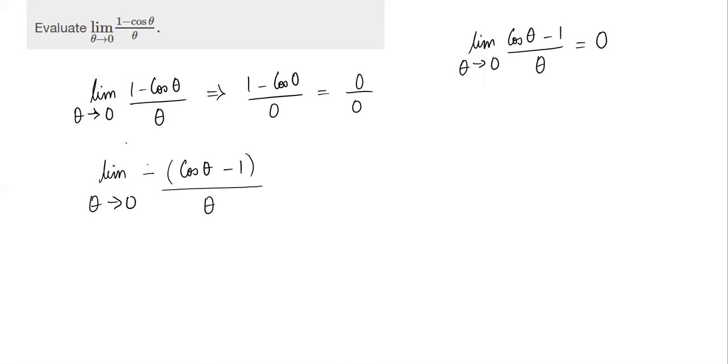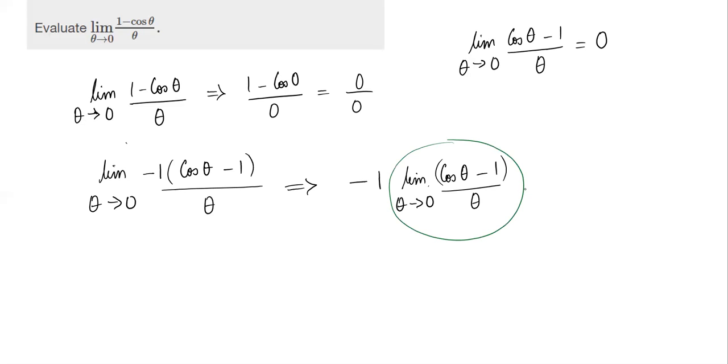We could do that because I can put a 1 in front of the minus, so you're pulling out a constant. Therefore, we could pull out that negative 1 outside and do the limit of cosine theta minus 1 over theta as theta approaches 0. And from the squeeze theorem, this whole thing is equal to 0, right? We just saw that.